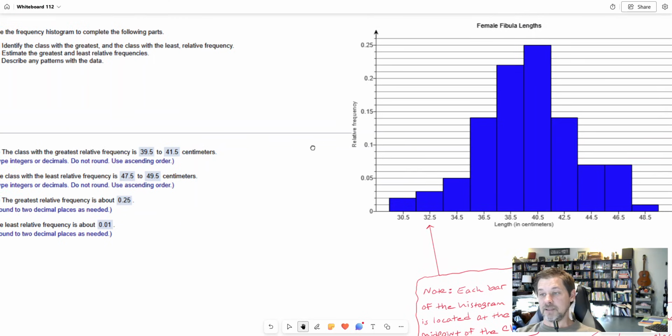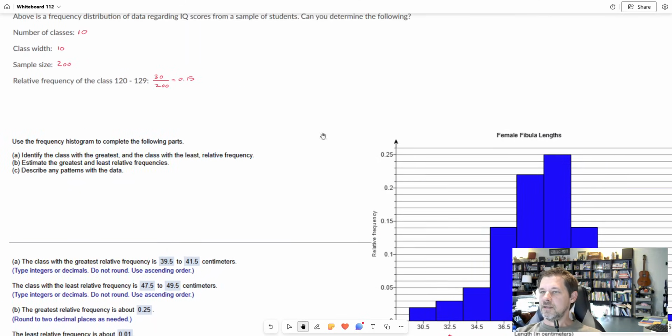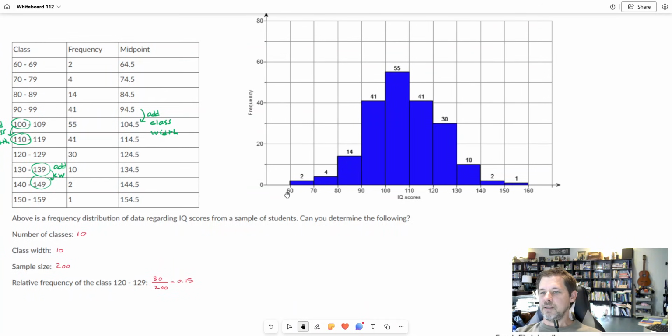That's what that means. Another thing that is different about this one, and maybe not obvious when you read it, is where the bars are located. In the earlier one, the beginning of one class ends and it picks up with the beginning of the next class, like 60 to 70 to 80 to 90.